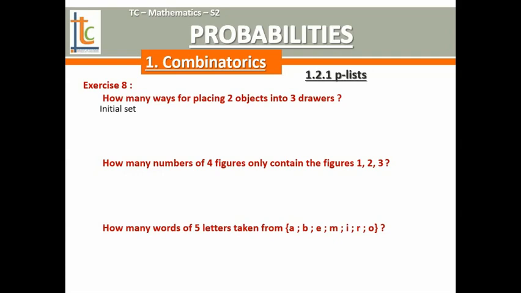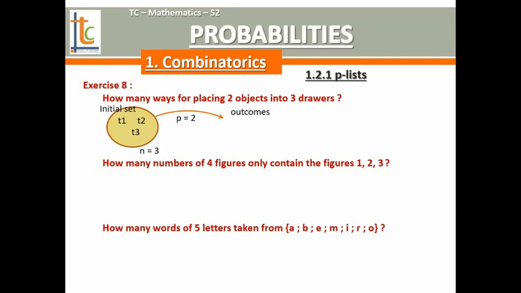Your initial set is a set of 3 drawers, n equals 3. You want to make a choice twice, so you want to choose a drawer twice, not obviously the same, but what are the possible outcomes?